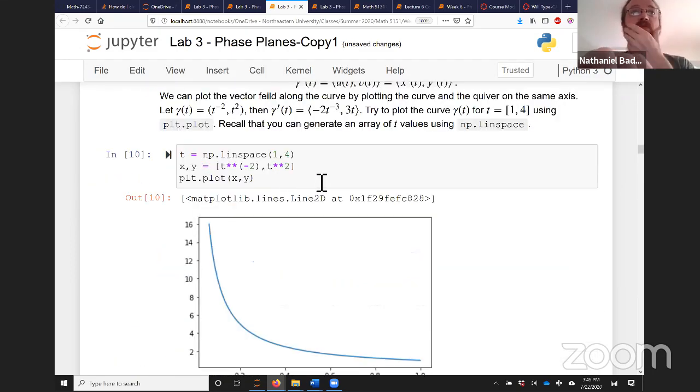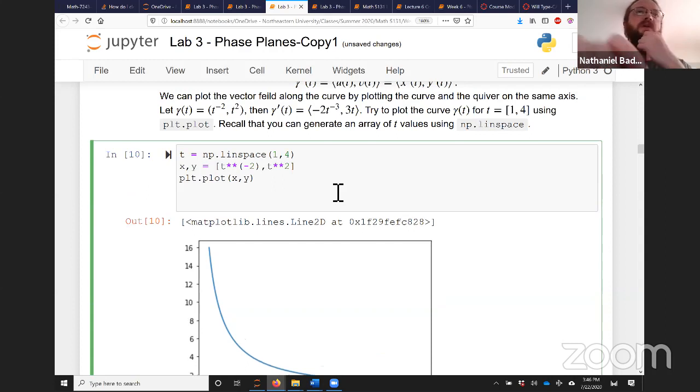So now all we need to do if we want to produce a quiver is, in addition to this, compute the derivatives. So u and v. Well, what's the derivative with respect to t of t to the minus 2?